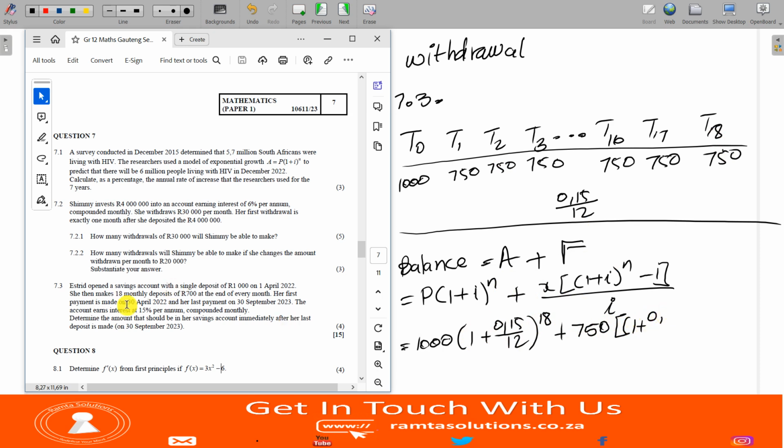She made 18 deposits. You can also confirm it's 18 minus 1 plus 1, which is 18. So it is 0.15 over 12, with 18 payments, minus 1, all over 0.15 over 12.